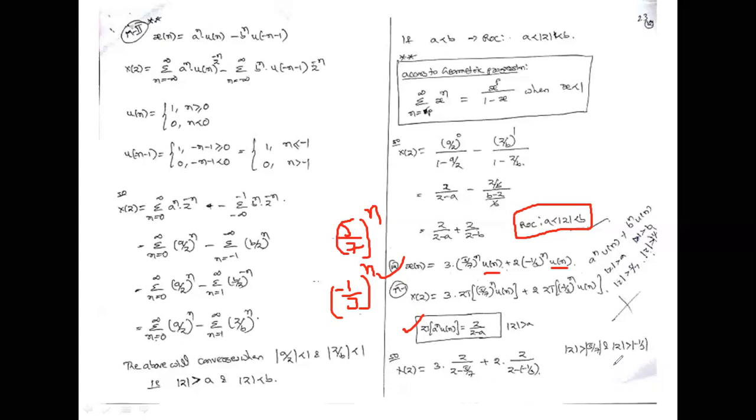And where the overlapping occurs, suppose the z is like this. Inside there is z minus 1 by 3, z is greater than, and greater than 5 by 7. So 5 by 7 and the minus 1 by 3, where it is an overlap, you can see that one. Where it is an overlap, that overlapping range only is the ROC. Okay.